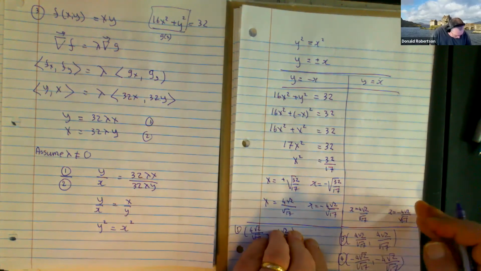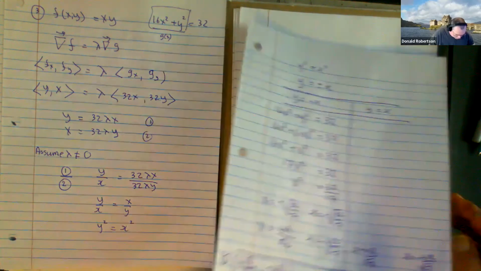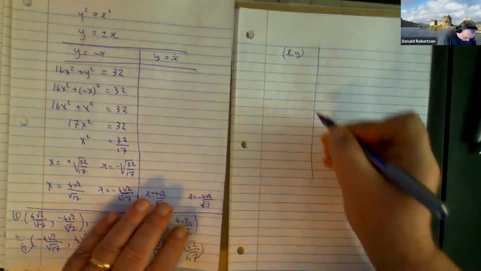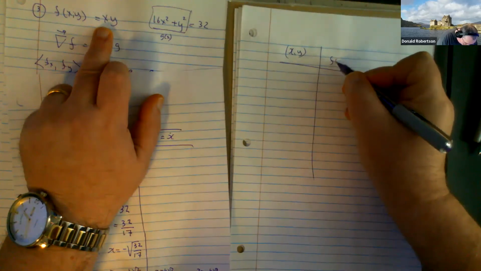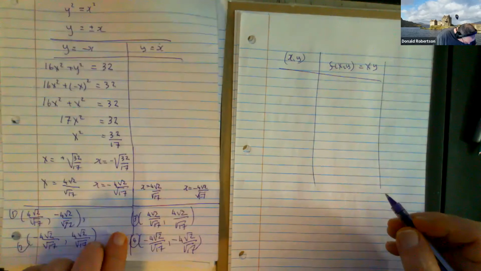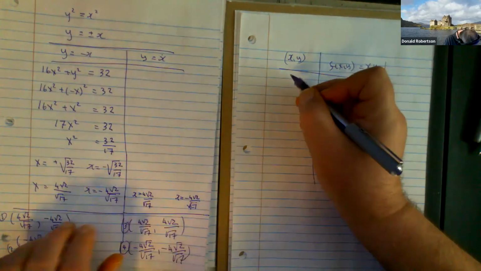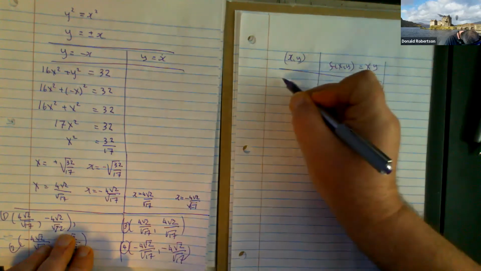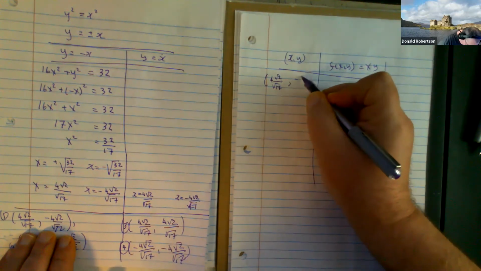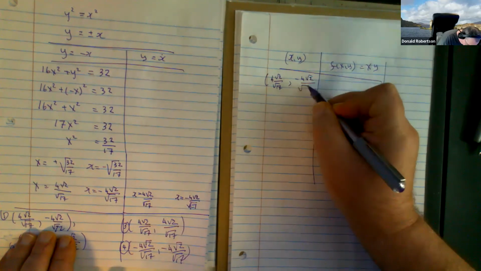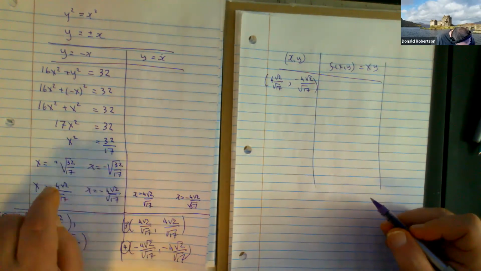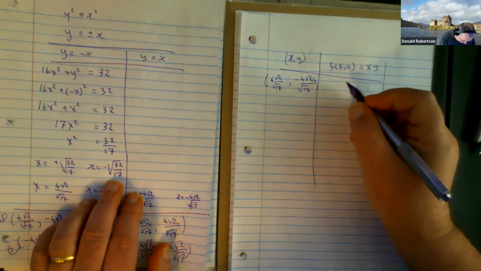So to finish this question, we would probably set up a table of the x, y values, and we'd evaluate the original function, not the constraint, but the original, at those points. So if you type in this one, for instance, 4 root 2 over the square root of 17 and negative 4 root 2 over the square root of 17, and you multiply those two together, actually, oh, isn't that nice?